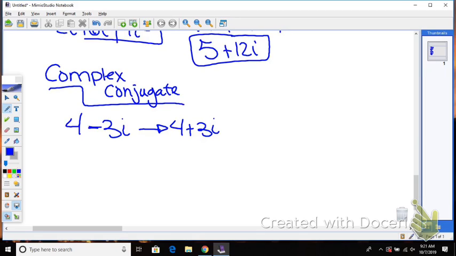So it's basically just the opposite for the imaginary number. Only the imaginary number, not the real number. So the 4 didn't change its sign. Only the imaginary one changed its sign. So if I have 1 plus i, what's this complex conjugate? 1 minus i.